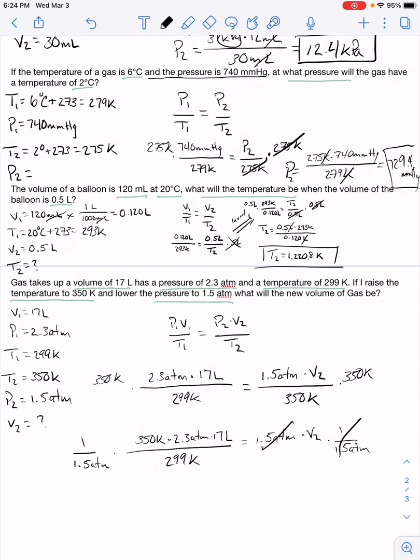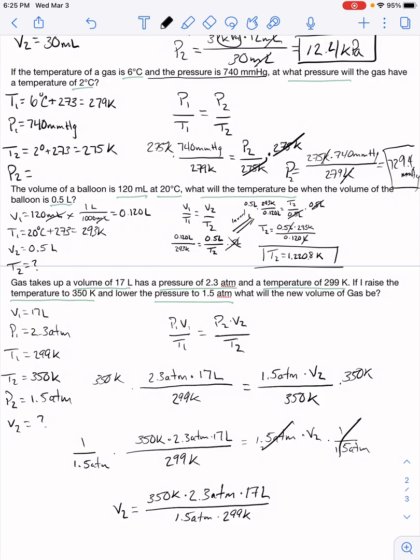And what I end up with is V2 is equal to 350 Kelvin times 2.3 atmospheres times 17 liters, all being divided by 1.5 atmospheres times 299 Kelvin.